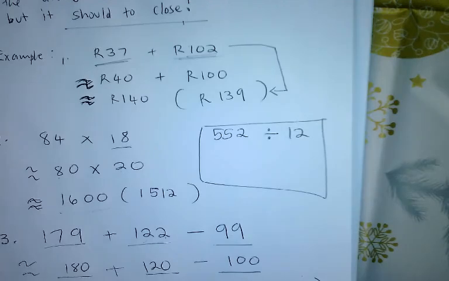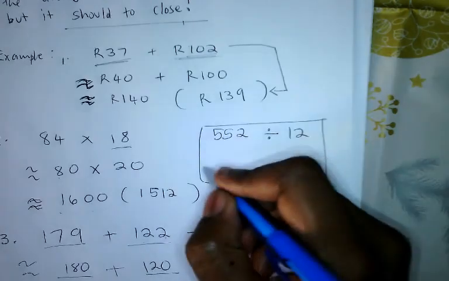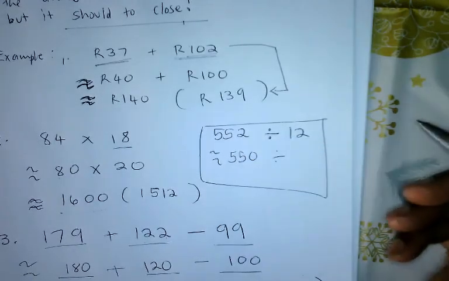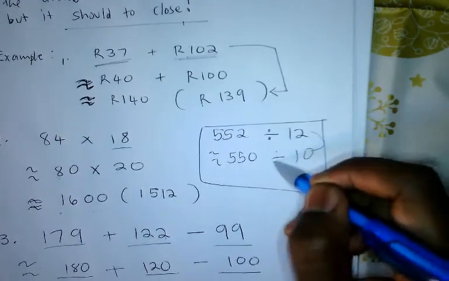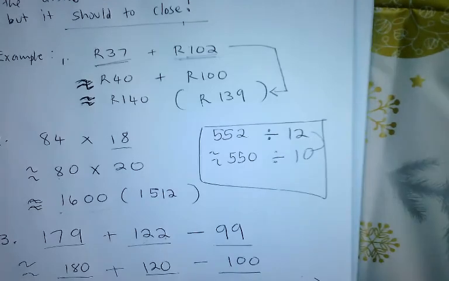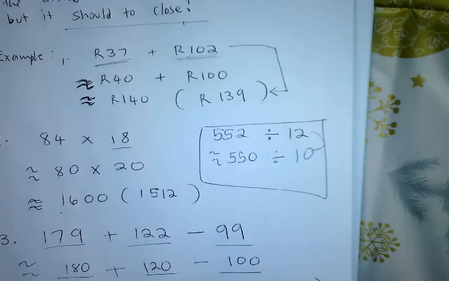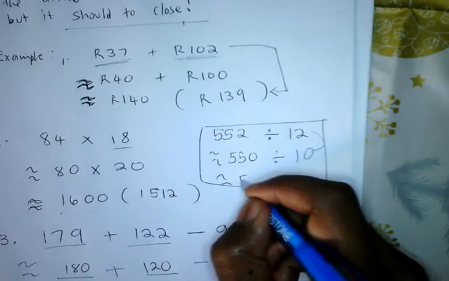So 552 becomes how much as an estimate? 550 divided by 10. It doesn't need a calculator. How many times does 10 go into 550? 55 times. Are we all clear?